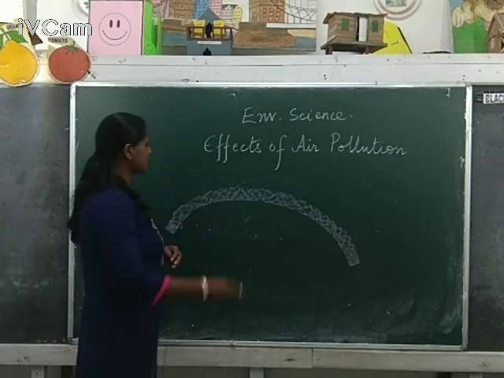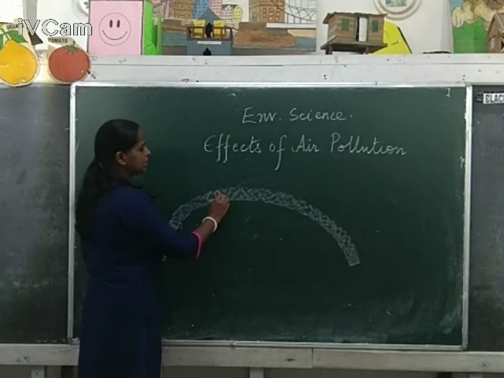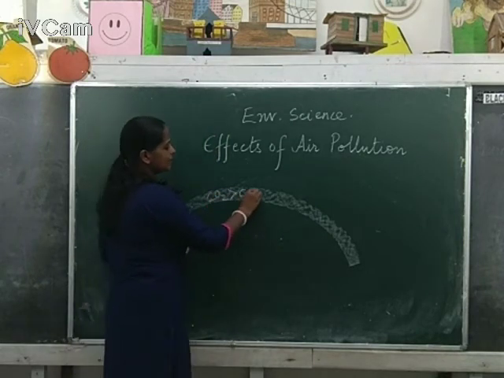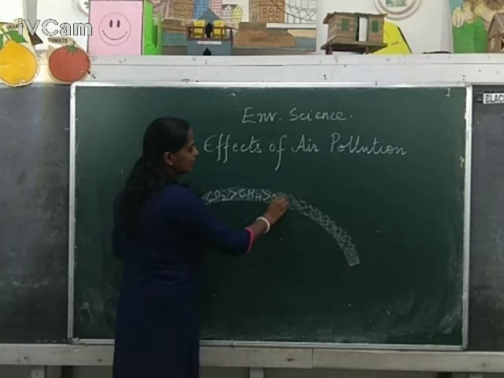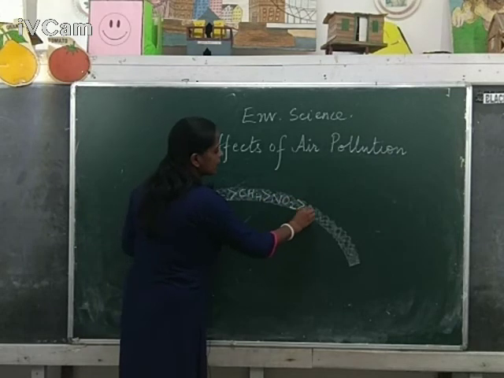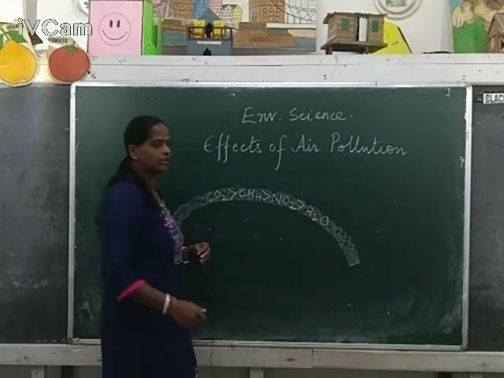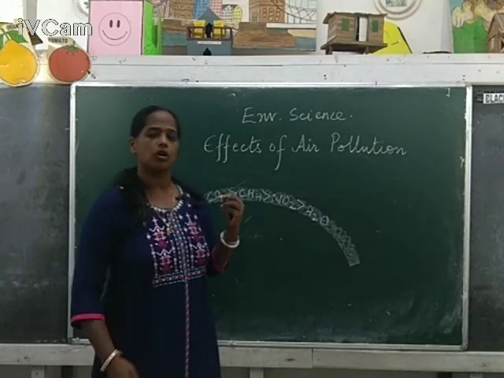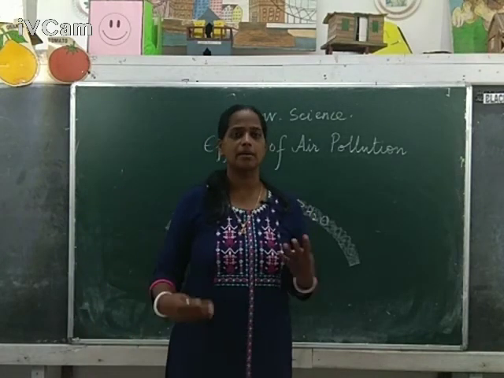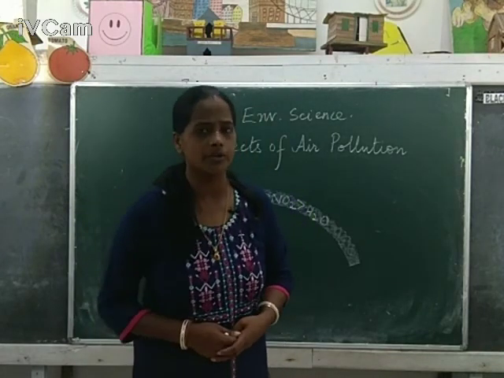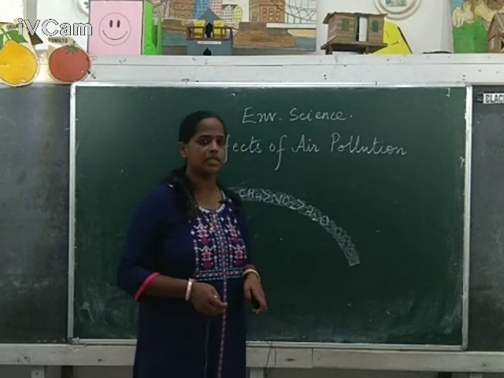What gases are these? You have carbon dioxide, we have methane, we have nitrous oxides, we have water vapor in varying concentration. The maximum amount of gas that we have in the troposphere today is carbon dioxide.